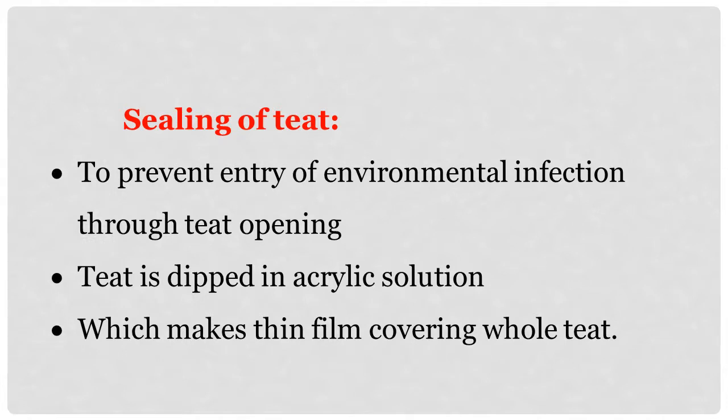Friends, we have already discussed that entry of environmental organisms into the udder is through the teat opening. So here is one idea, sealing of teats. If the teat opening and teats are sealed after milking, then there are no chances of entry of organisms into the teat canal. The purpose is to prevent entry of outside environmental infection through the teat opening.